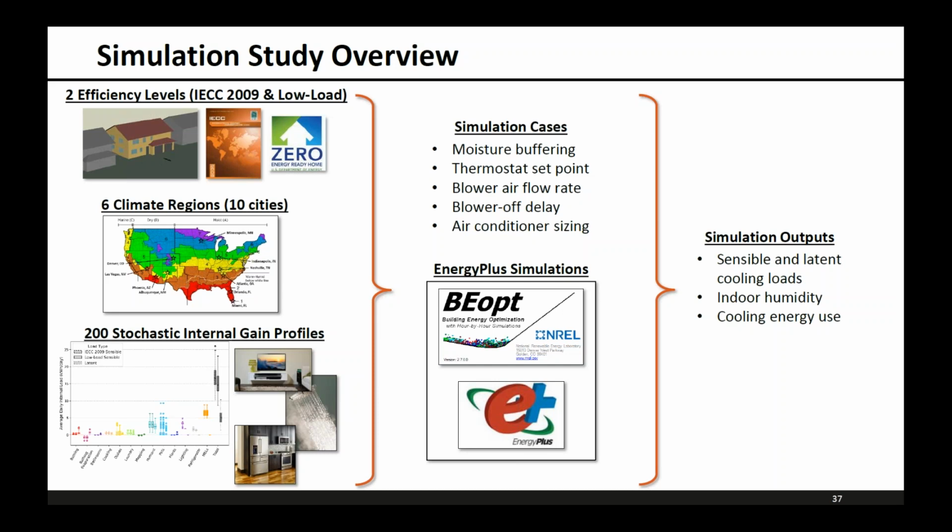And with our simulations, we looked at varying the moisture buffering, the thermostat set point, the blower airflow rate, the blower off delay, and the air conditioner sizing. All those simulations were run in Energy Plus, and we are interested in the sensible and latent cooling loads, the indoor humidity, and the cooling energy use for our outputs.